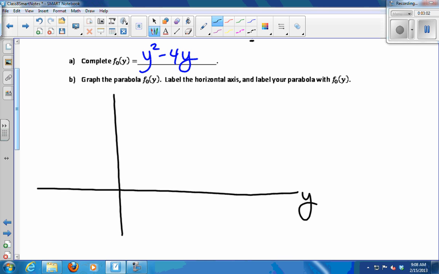So what does this parabola look like? A cup? Yep. Where's its vertex? Mu is 0 in this case, for this particular one. How do you determine where the minimum of a function is?